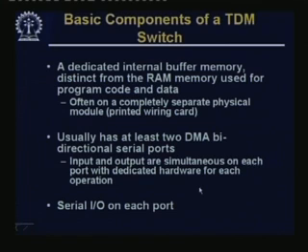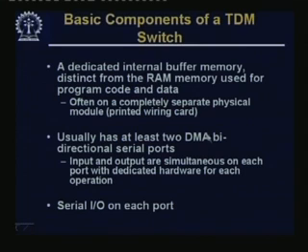So, the basic components of a TDM switch, we will not have the time to go into the details of this. It has a dedicated internal buffer memory distinct from the RAM memory used for program code and data, and this buffer will contain the bits which are to be written into and read, often on a completely separate physical module, that means a printed wiring card. Usually it has at least 2 DMA bidirectional serial ports.